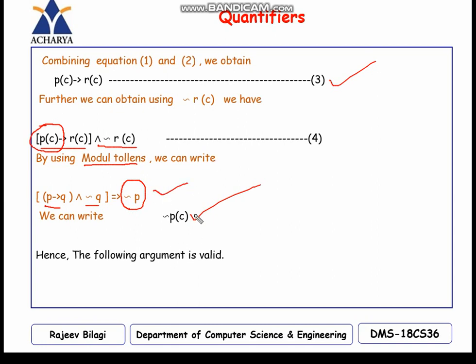So hence I am getting the last one, so this is called a valid argument.